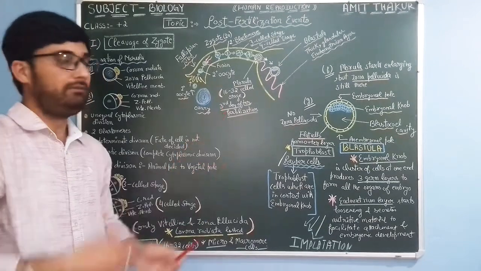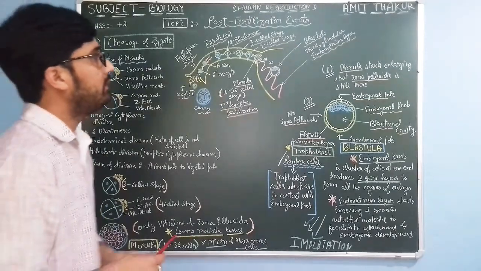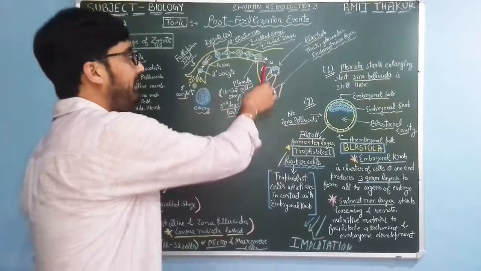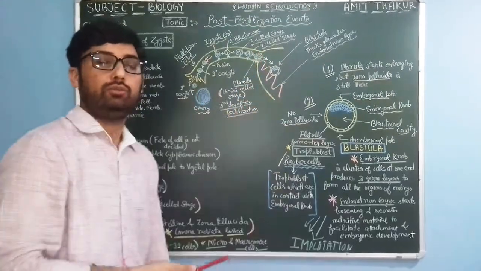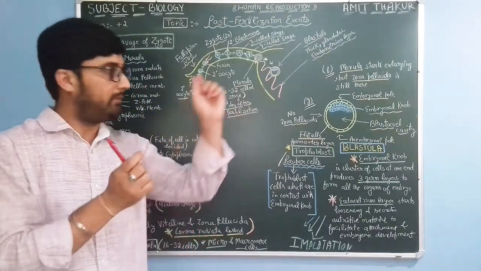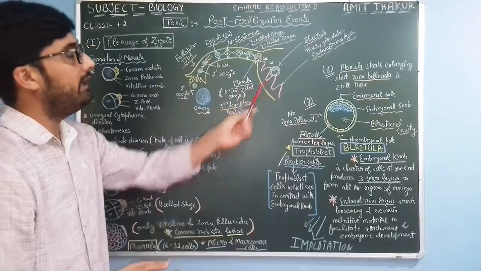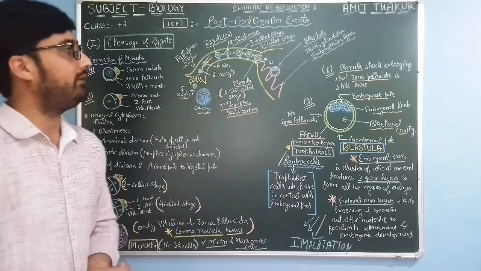Then this morula changes into the blastula stage, and the blastula gets implanted in the endometrium layer of the uterus, and then implantation takes place.